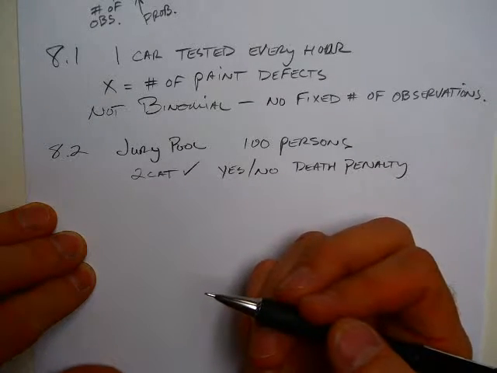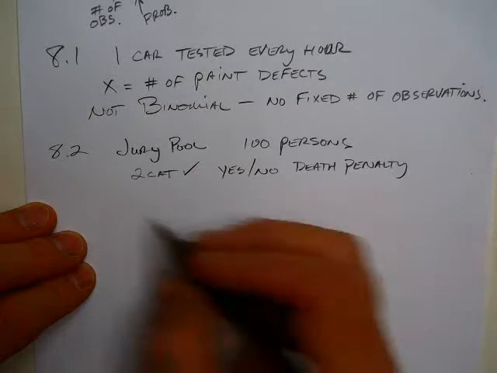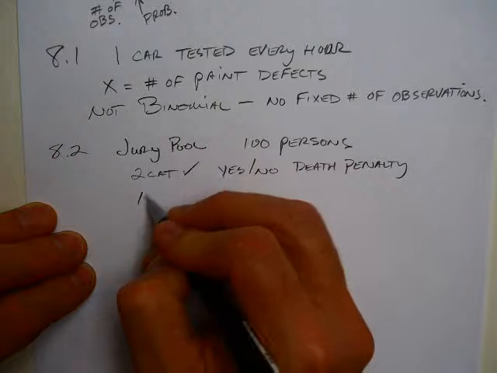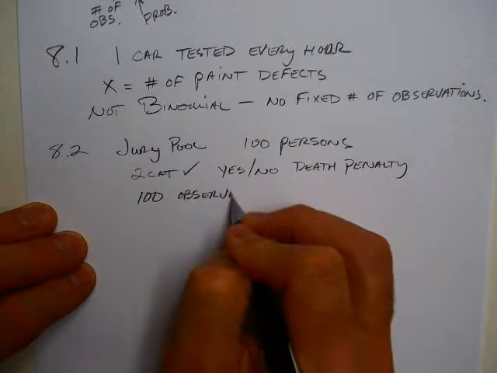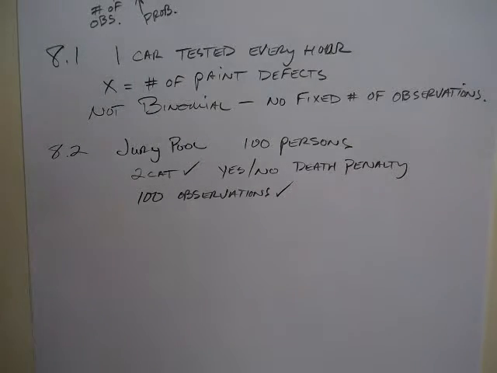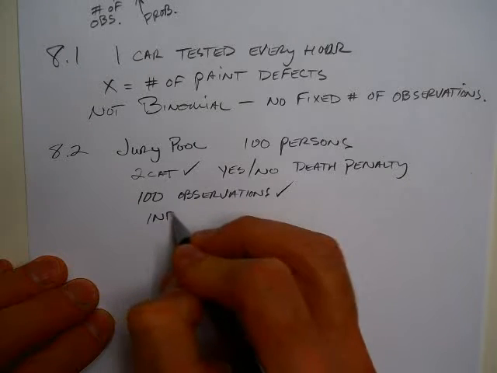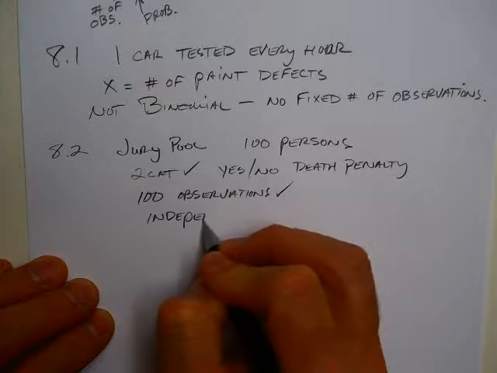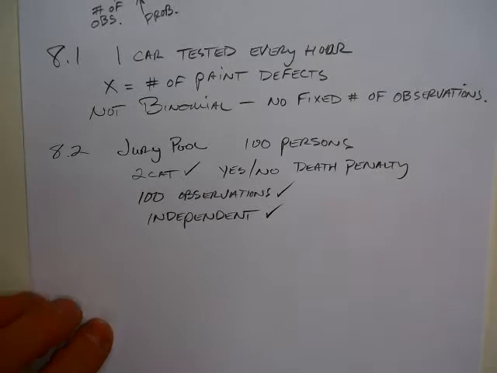Fixed number of observations. Yeah, there's 100 observations, 100 subjects. Is it independent? Yeah, presumably it would be independent. People tend to be independent.